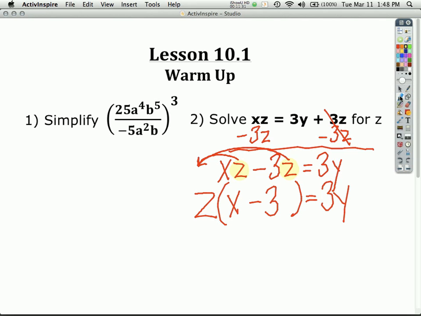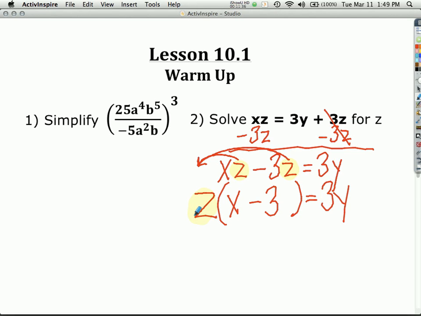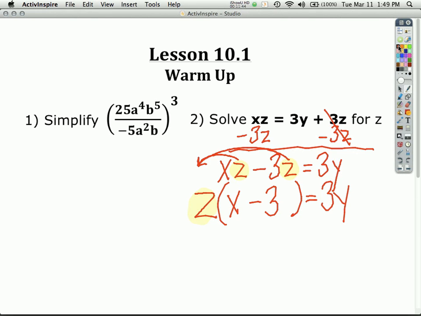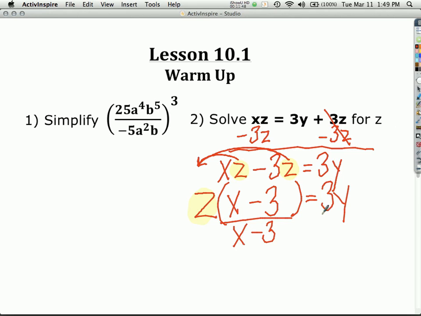Two z's magically morphed into one. Two z's morphed into one. Now we can get z by itself by getting rid of the x minus 3. Divide by x minus 3, divide by x minus 3. That will disappear, and we get z equals 3y over x minus 3.